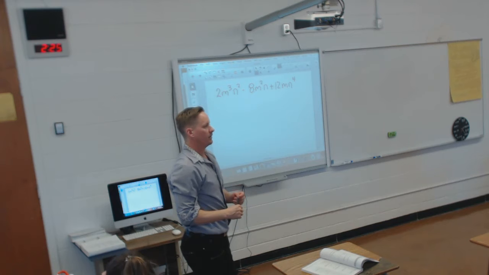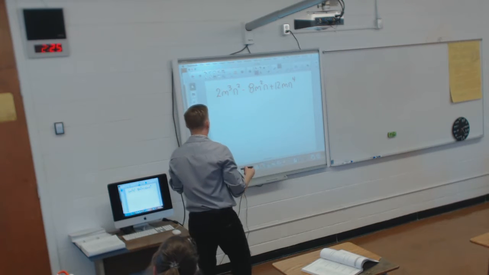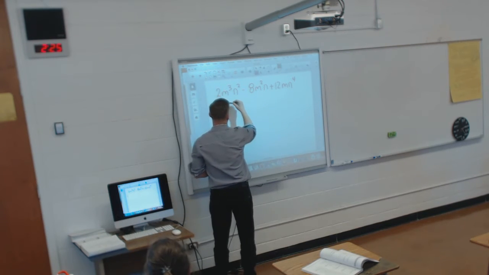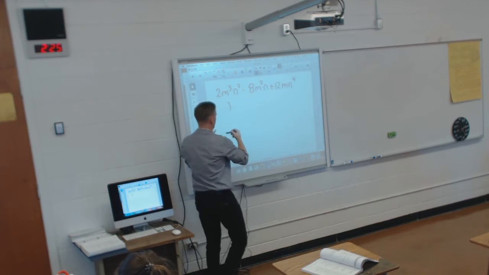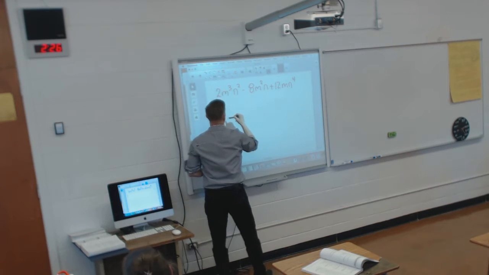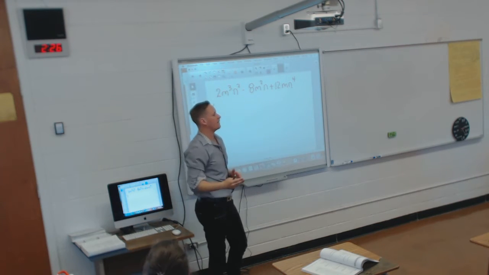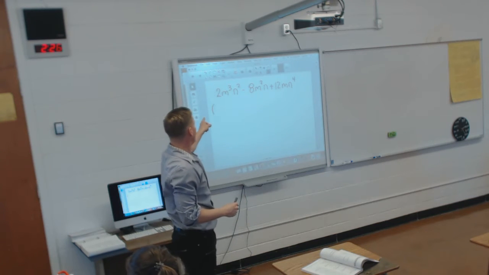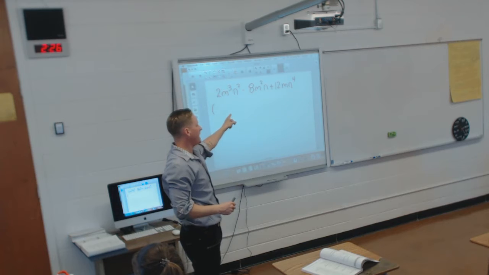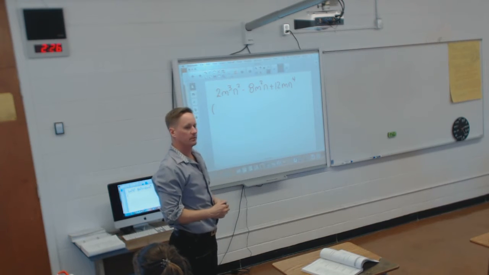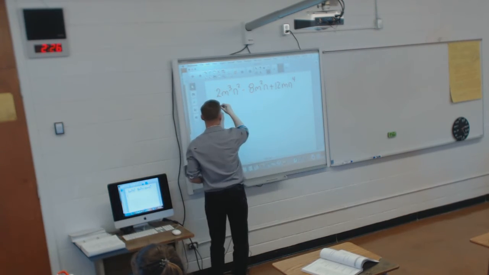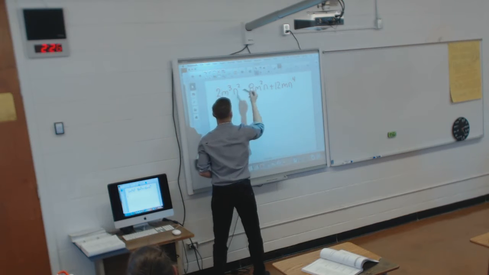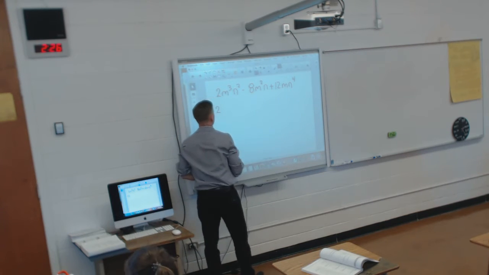The first thing you do is, I'm going to just make it, I don't need this, but I'm going to put it out on the outside anyways. I'm going to put a set of brackets out here, which is going to hold my greatest common factor here. So the first thing you're going to do, what is the largest value that goes into 2, 8, and 12? 2 does.